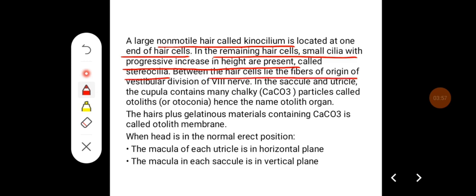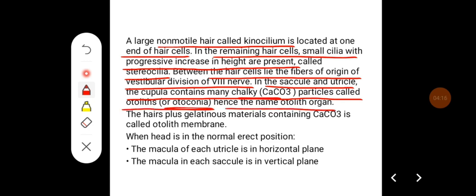Between the hair cells lie the fibers of origin of the vestibular division of the 8th nerve. In the saccule and utricle, the gelatinous material contains mainly chalky, that is calcium carbonate particles, which are called otoliths or otoconia, and hence the name otolith organ.